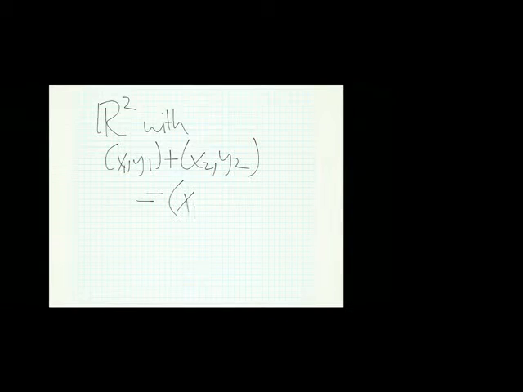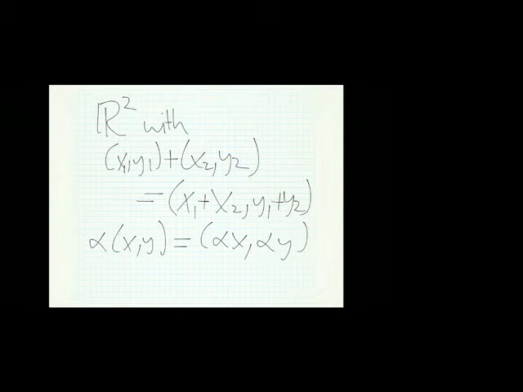We kind of add them in the most naive way possible: (x1 plus x2, y1 plus y2). How do you multiply by a real number? How does scalar multiplication work? Well, (alpha x, alpha y). And then we just have to say what the norm is.